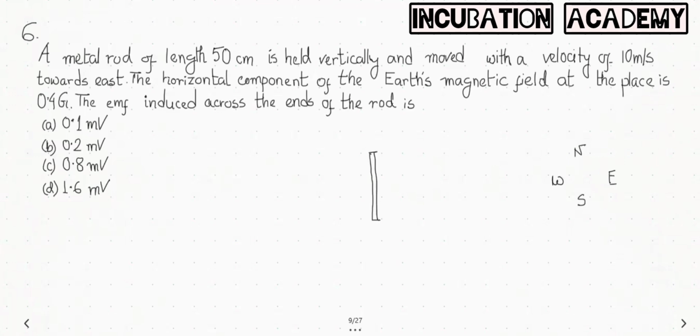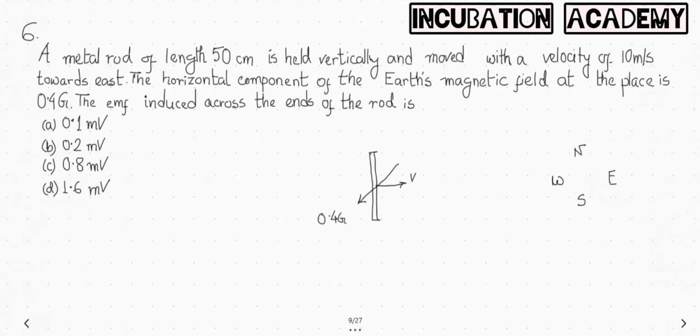Then the horizontal component of the Earth's magnetic field is something like this, and it is perpendicular to the motion of the rod. Let me draw. This is the direction of the movement, and the horizontal component of the Earth's magnetic field is something like this, and that is 0.4 Gauss.